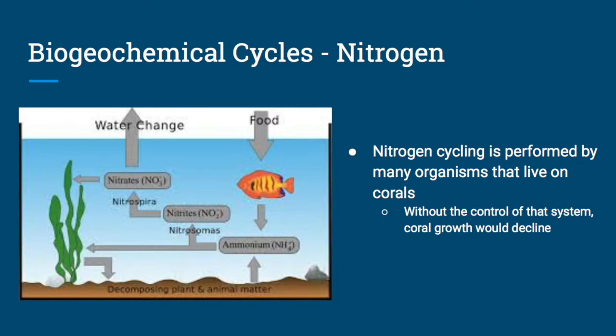Smaller fish and animals consume the microscopic organisms. Big fish and animals eat the smaller ones. These big fish and animals then return to waste and decaying matter that breaks down into ammonia, restarting the cycle again. Within the nitrogen cycle, nitrogen cycling is performed by many organisms that live on corals, and without control of that system, coral growth would decline.